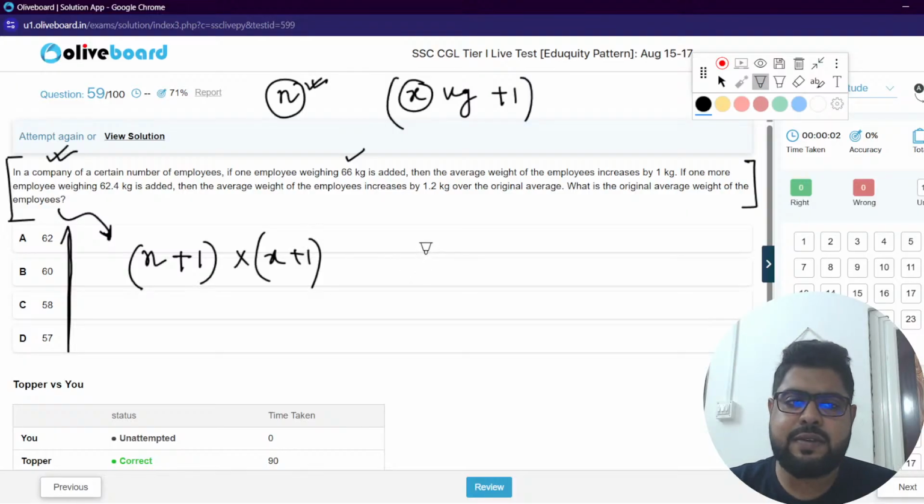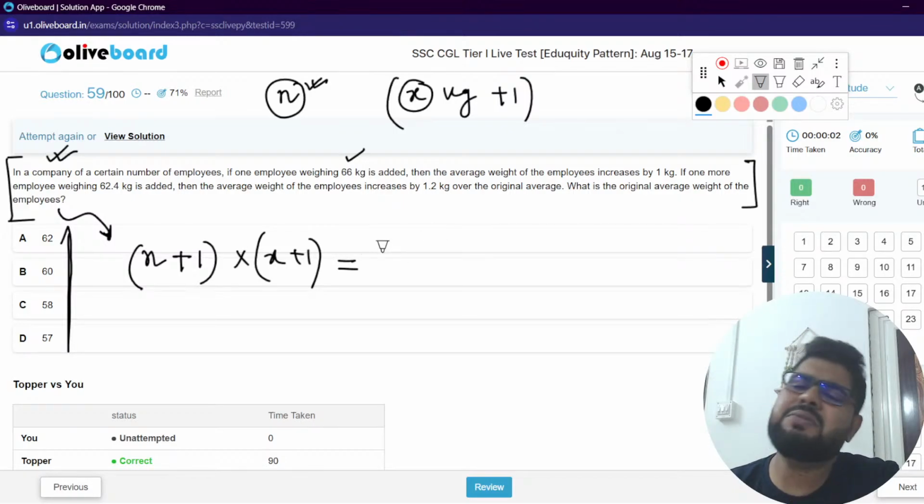This is what is going to be the average. It will be a little bigger, you see. Okay, let's do that only, let's do it with the equation.